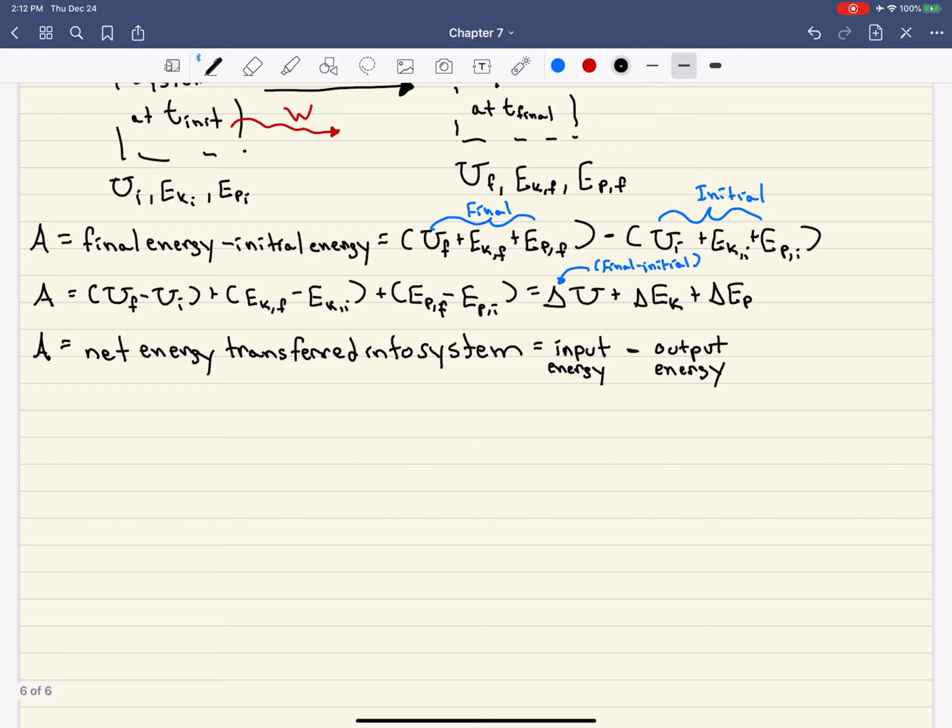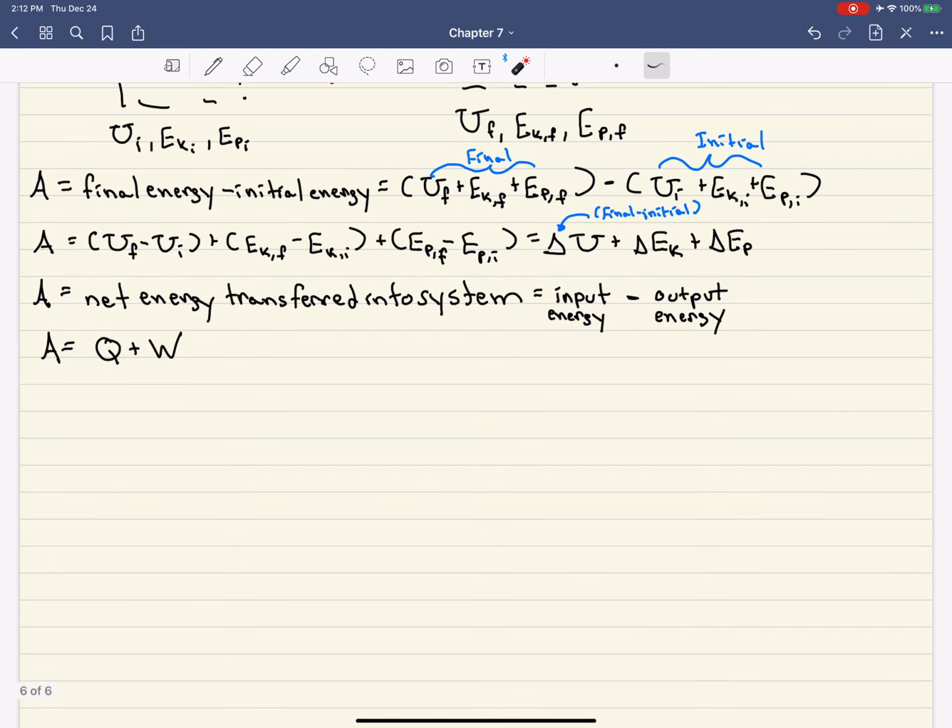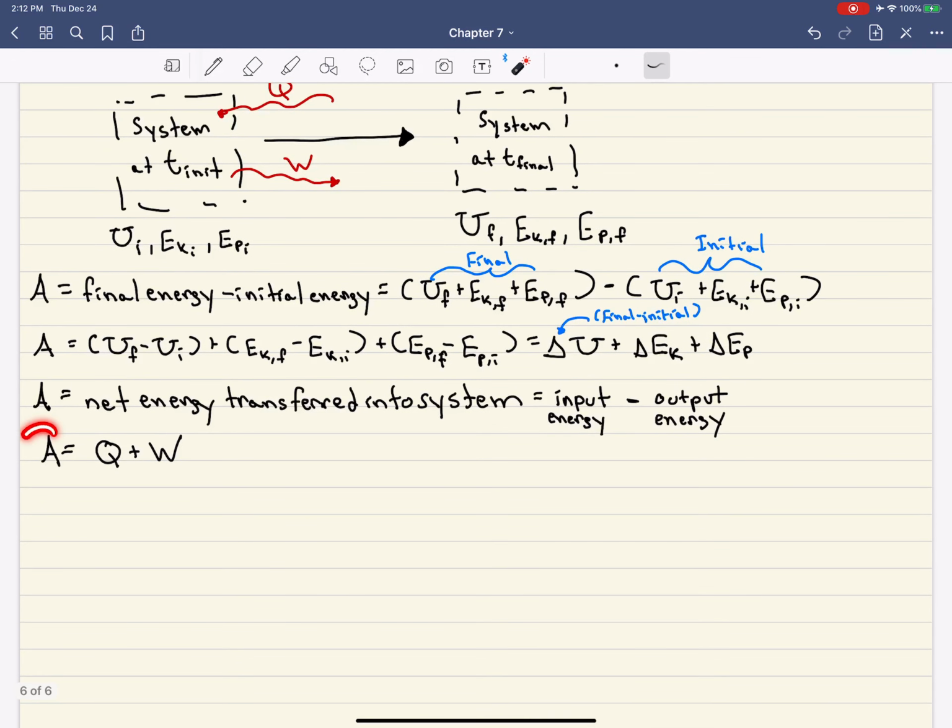And so if we rewrite the input and output terms of the energy transfer, those are going to be equal to Q and W, because Q and W describe energy transfer into the system. Right? And so the accumulation that we calculate here is equal to the accumulation that we calculate here. Those are the same thing.